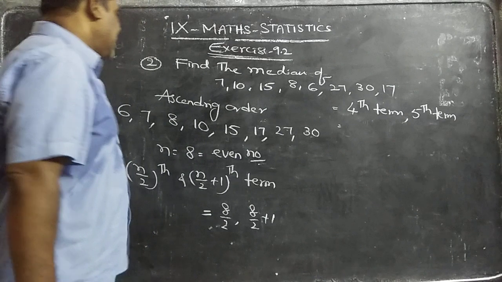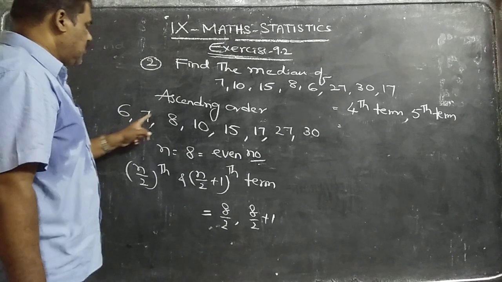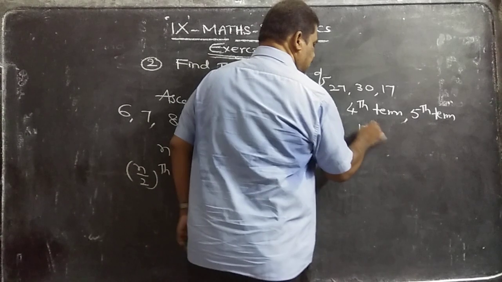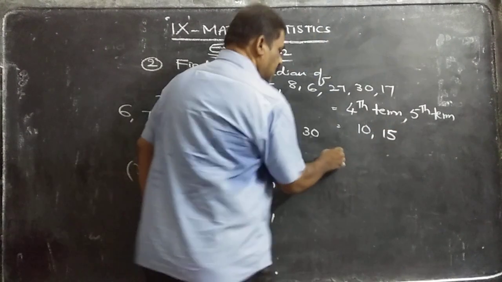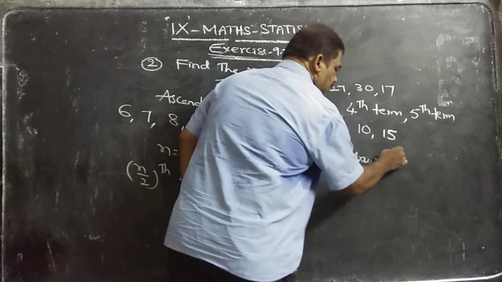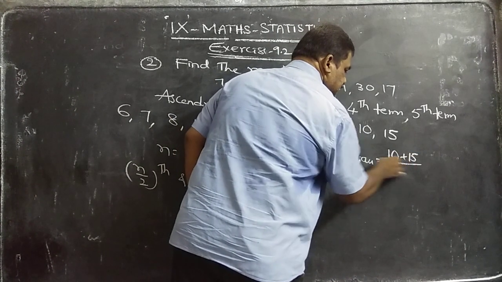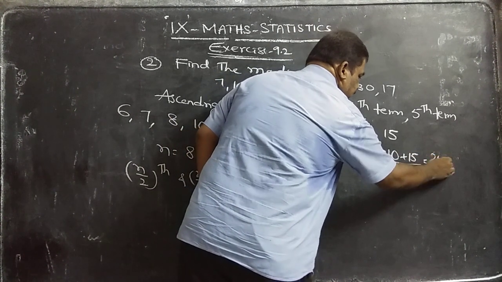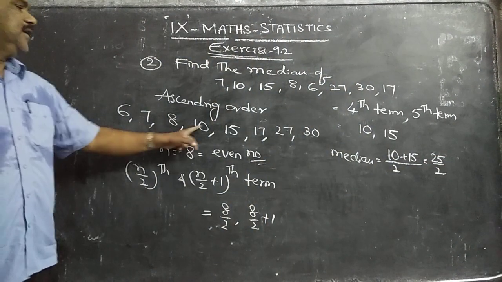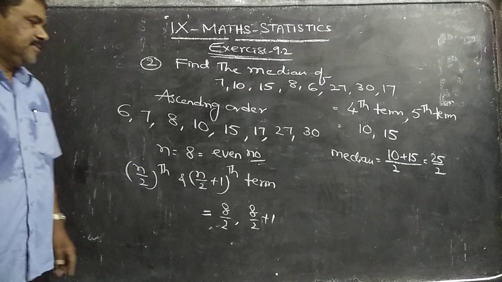We have to take the average of the 4th and 5th terms. 1, 2, 3, 4. This is the 4th and this is the 5th. So 10 and 15. Now we should write the median. Median is equal to the average of these two, that is 25 by 2.